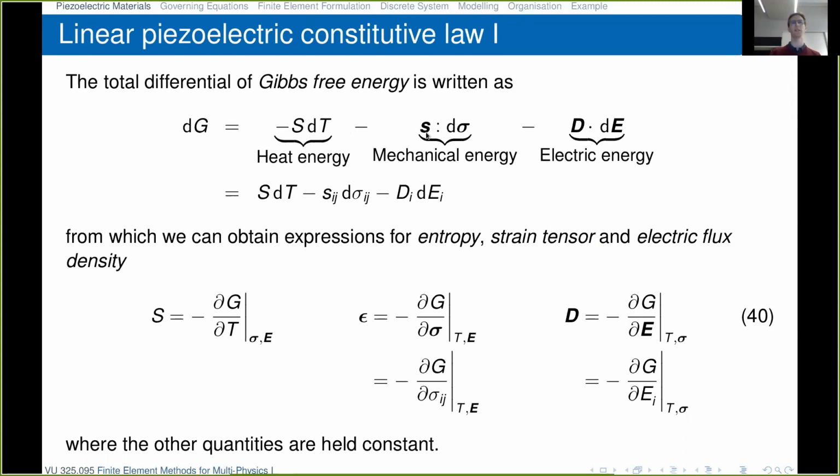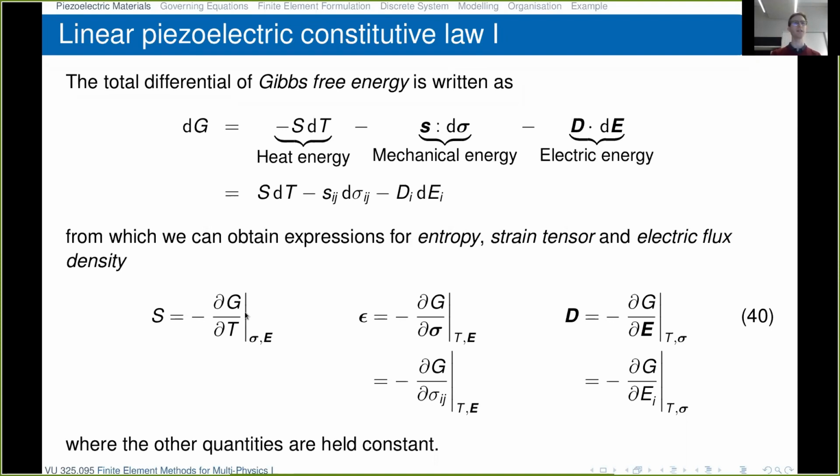The strain tensor, of course, is a second rank tensor, as is the stress tensor, so we have a double contraction here. And here we have the inner product of the vector of the dielectric displacement and the electric field. From this equation, we can obtain the expressions for entropy, strain tensor, and electric flux.